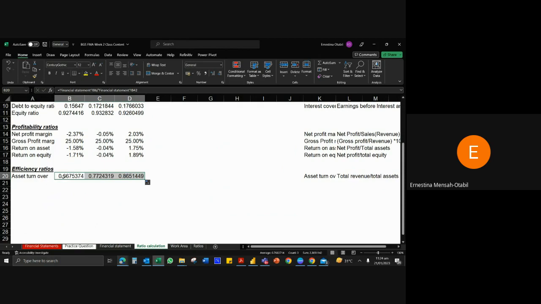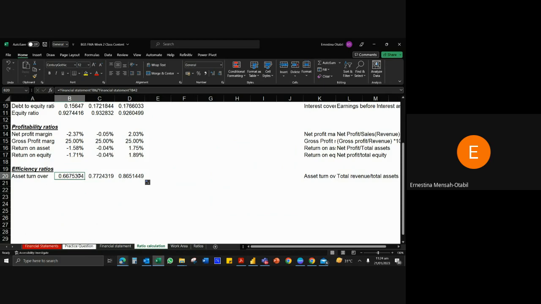With this, it means that it's lower than one. It means that the company is not really efficient in managing its assets, so it can't really generate a lot of revenue from the assets.